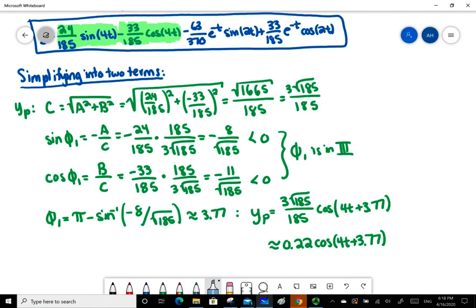Repeating the same process for the complementary solution, we need to combine negative 63 over 370 sine of 2t and 33 over 185 cosine of 2t. And we'll just need to remember to put the factor of e to the negative t back in when we're done.